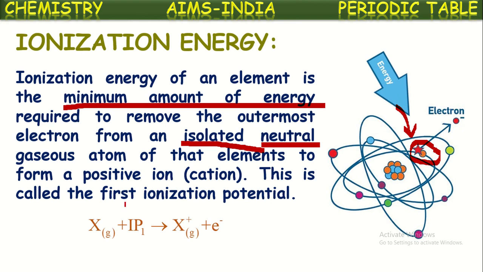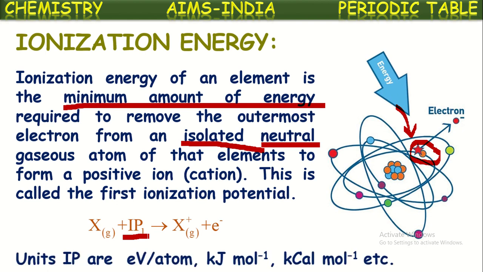So an isolated neutral gaseous atom is taken, and an amount of energy is supplied. Then it releases one electron and converts into a unipositive ion. The energy required by that element for the removal of this electron is called ionization potential.